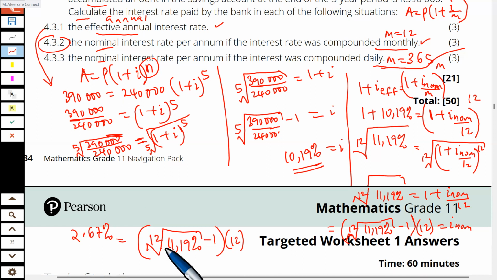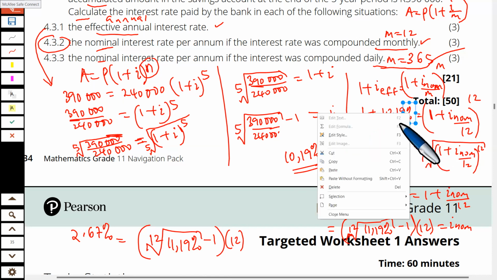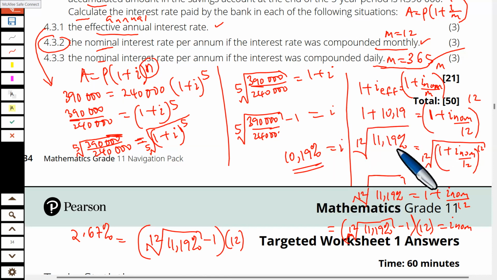The 12th root of 11.19. Okay, there's a small discrepancy, just check. Because this one here is a percentage.